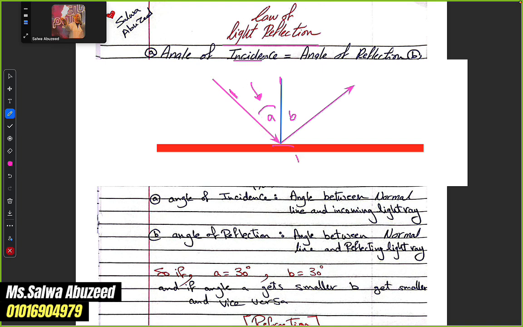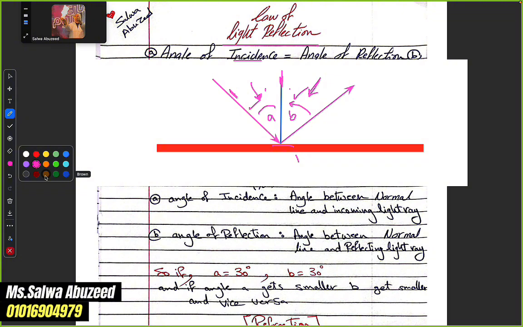Incidence comes from the word incident. The angle between the normal line and the reflecting ray will be the angle of reflection. Whenever A, the angle of incidence, gets bigger, angle B, the angle of reflection, gets bigger. When this gets smaller, this gets smaller. Why? Because this is the law of reflection. That's what makes your image the same size.